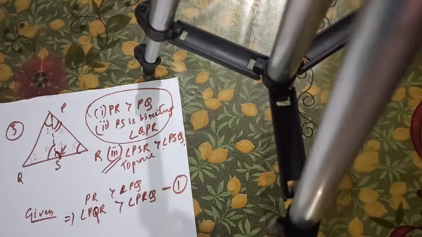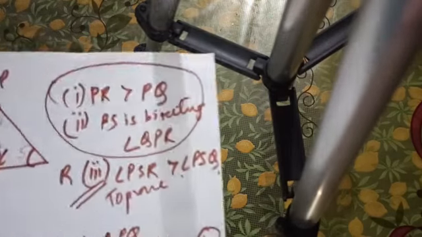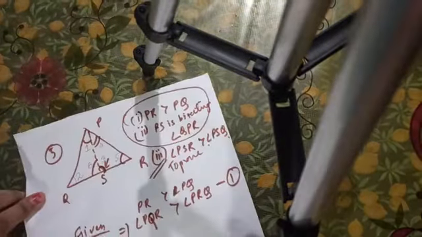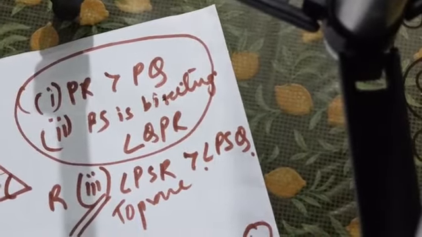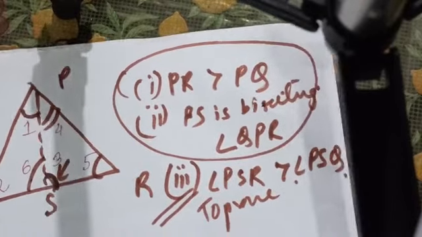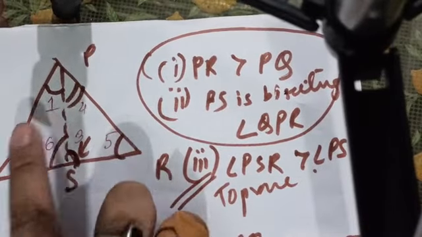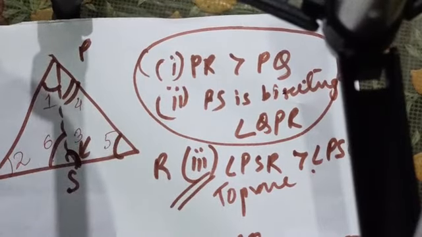So already you have learned the exterior angle property. If you see properly, you will get it. So angle 1, angle 2, angle 3, angle 4, angle 5 and angle 6.